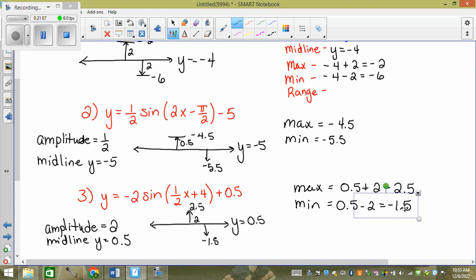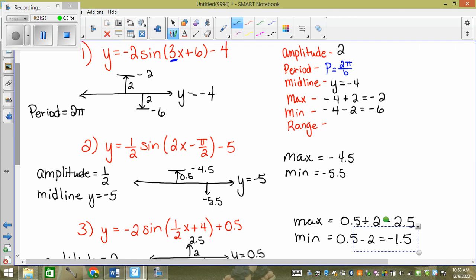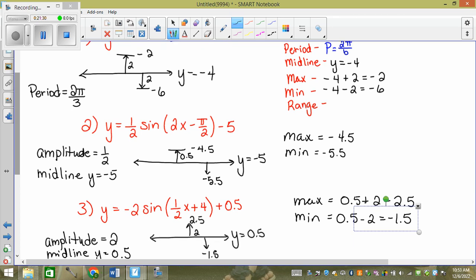The period's actually really easy from an equation. Why? Because you have a formula that tells you how to get it. Period equals 2 pi over b. So it's 2 pi over, what's your b? What's the b on this one? 3. So it's 2 pi over 3. This one, what's the period? 2 pi over 2, so it is pi.